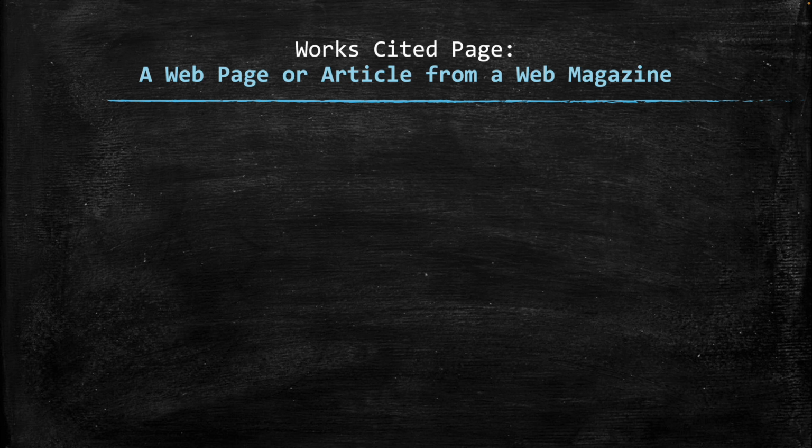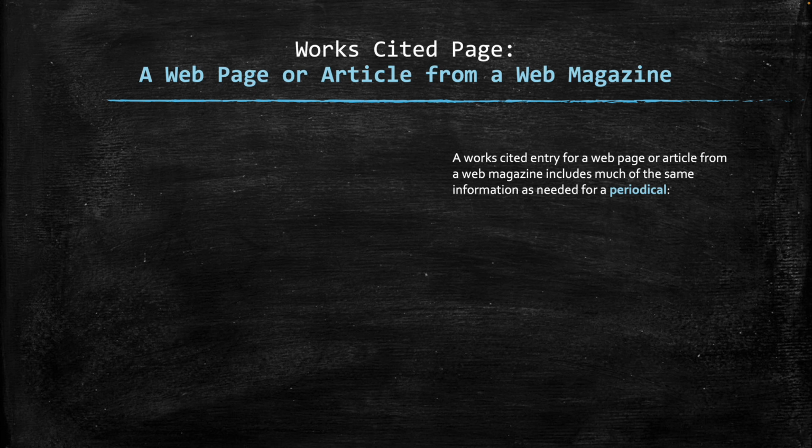So we're going to start with a web page or article from a web magazine. They're both very similar. And then we'll move back to articles retrieved from databases a little bit later in this video. But a works cited entry for a web page or article from a web magazine includes much of the same information needed for a periodical.